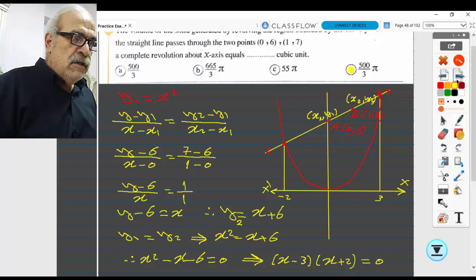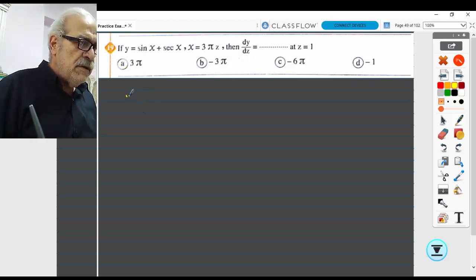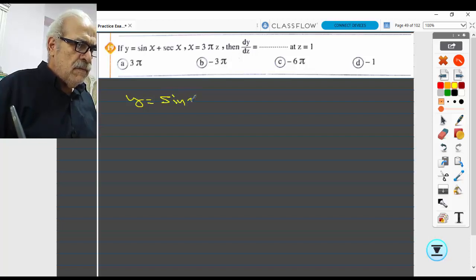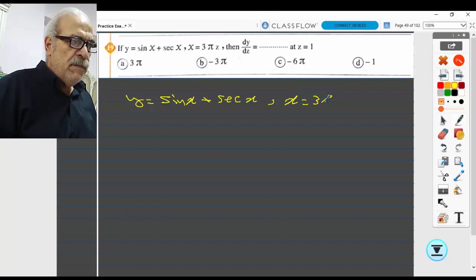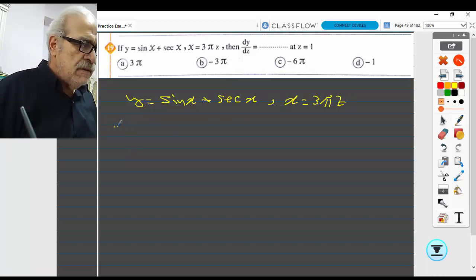Okay, next question. If y equals sine x plus sec x, and x equals 3 pi z. The required here is to find the dy dz.